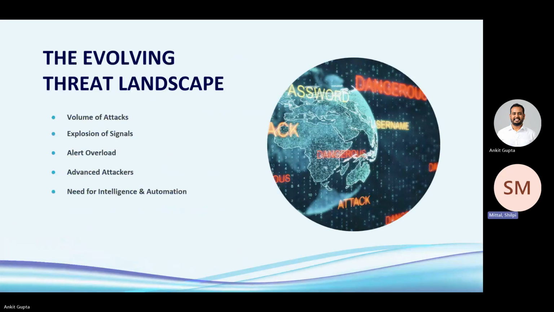The threat landscape in 2025 is daunting. Attack volume has exploded. Microsoft alone tracked more than 30 billion phishing emails targeting its customers in 2024. Think about this scale: billions of malicious emails plus countless malware incidents, identity attacks, and more. Overall, Microsoft now processes over 84 trillion security signals every day.